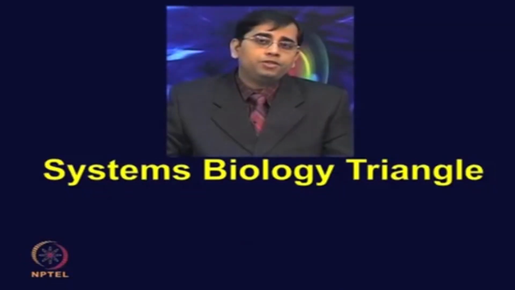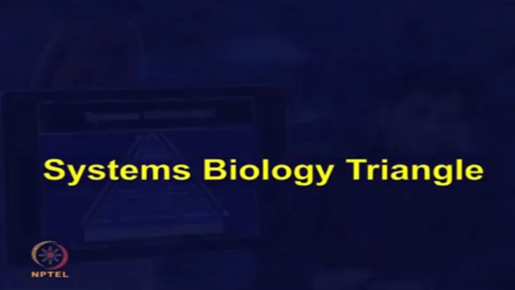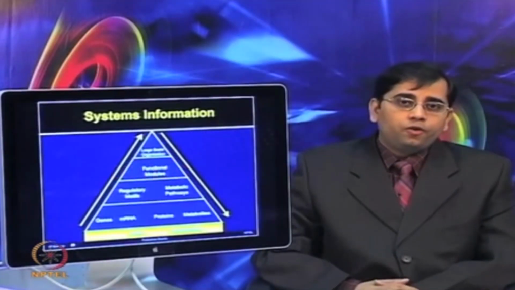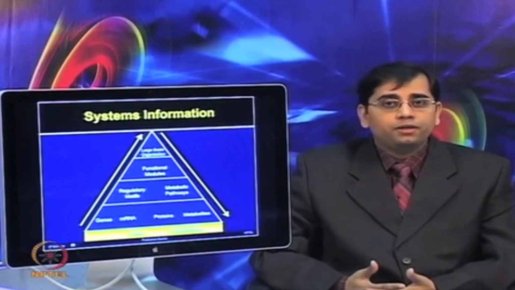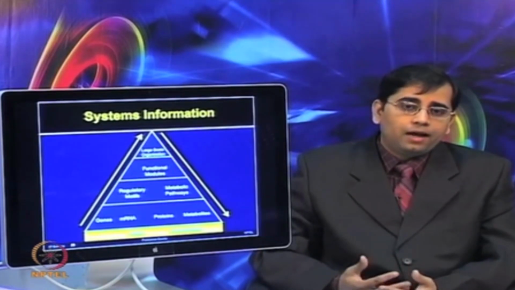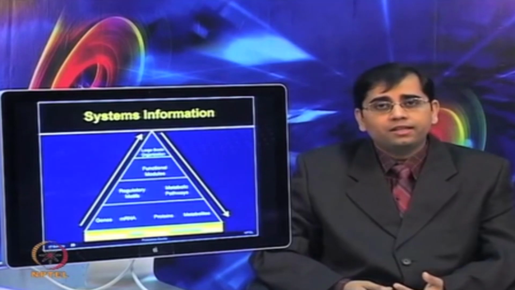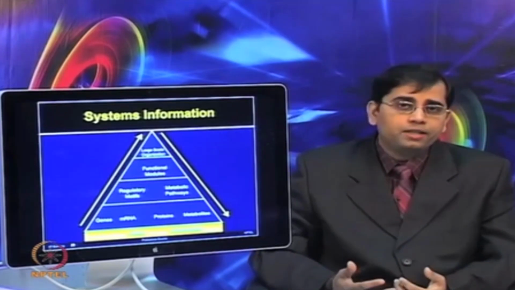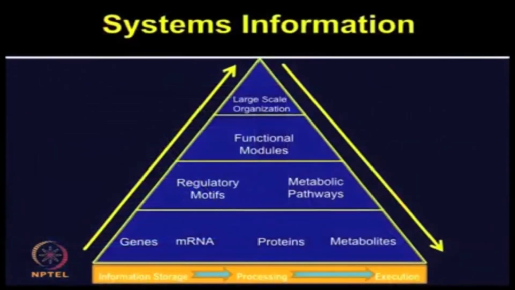What is the systems biology triangle? First of all, the system's information is generated at various levels. As we have discussed, starting from genes to mRNA to proteins to metabolites, or identifying regulatory motifs, metabolic pathways, functional modules and different large scale organizations.